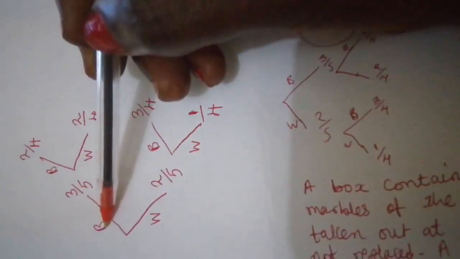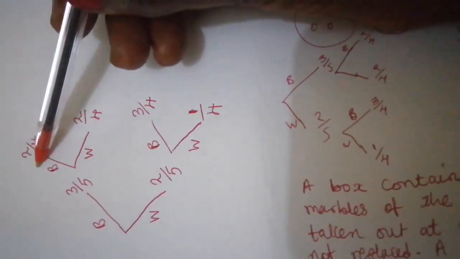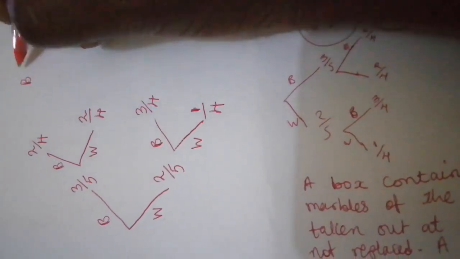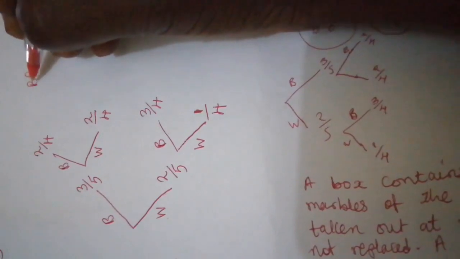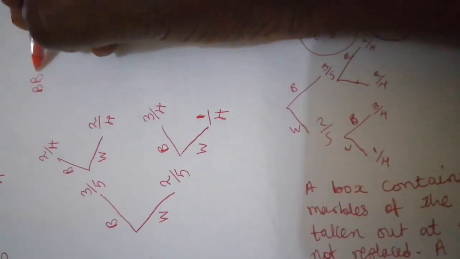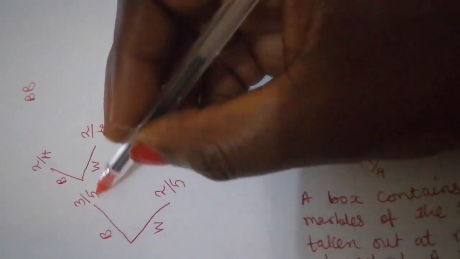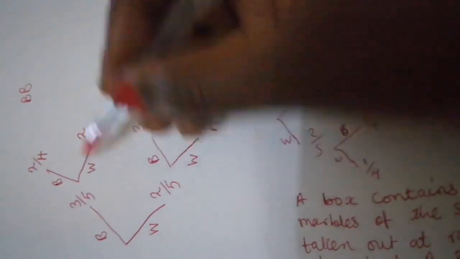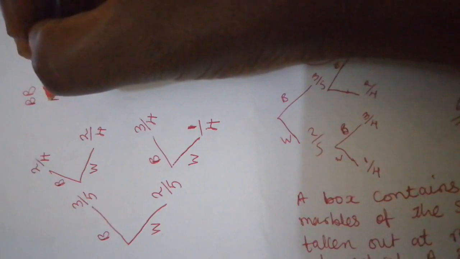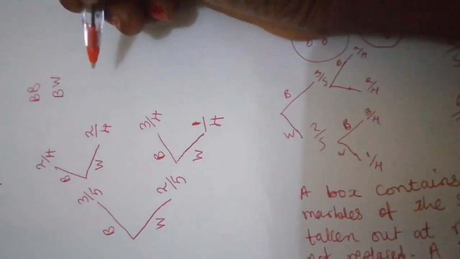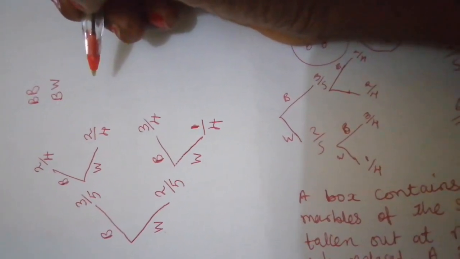So if we get this one and that one, we are saying the possibility of picking a black marble in the first draw, black marble in the second draw. Then when we go the other direction, we have black, white. So there's a possibility of picking a black marble in the first draw, then a white marble in the second draw.